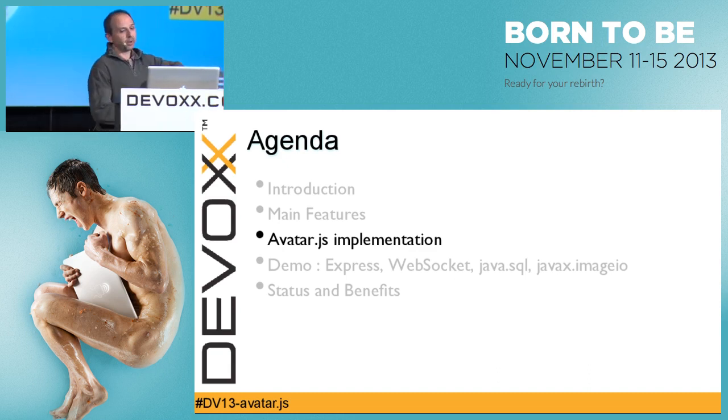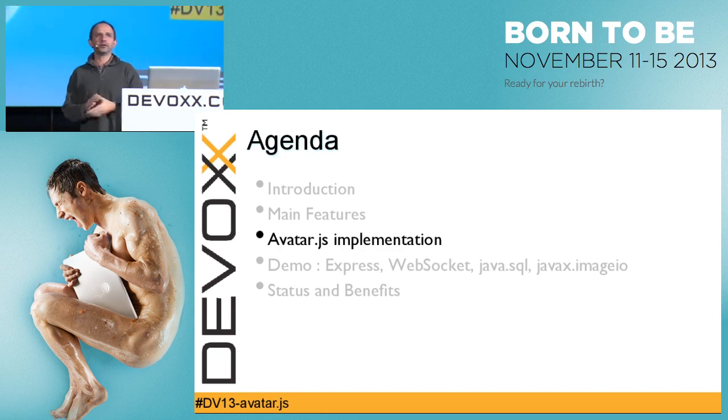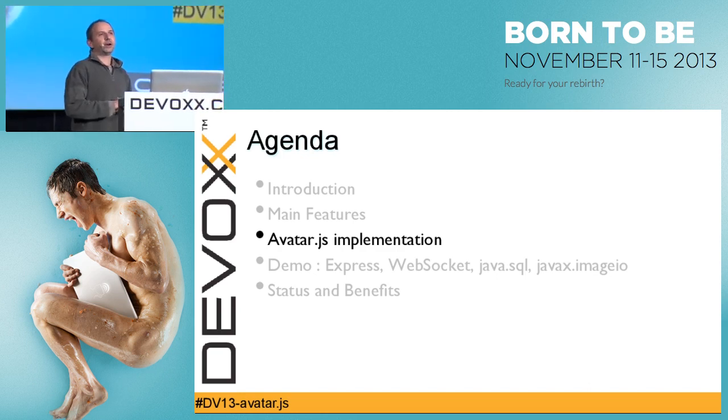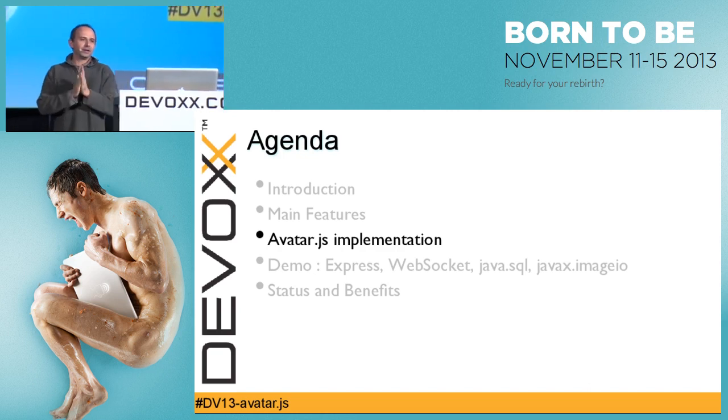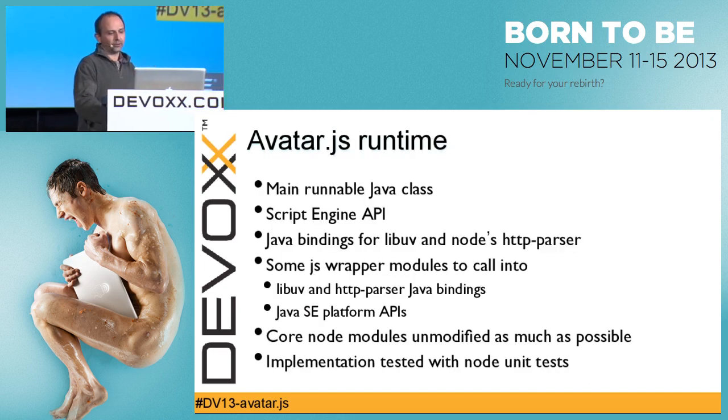So how did we implement Avatar.js? As I said, the source is there. If you are interested in the project, just download it and you will see exactly how we have implemented it. Here it's much more an overview, obviously.